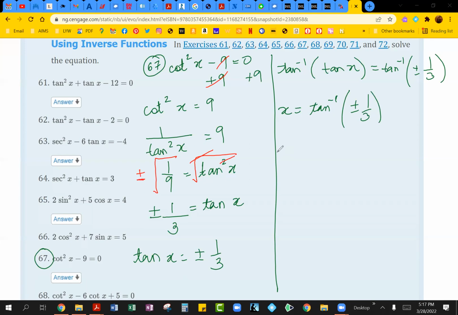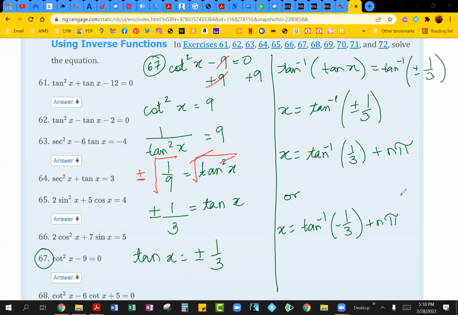Or you can write it out as arctan, doesn't matter. So x equals tangent inverse of 1/3. And then remember the period of the tangent function is pi, or x equals tangent inverse of negative 1/3 plus n pi.